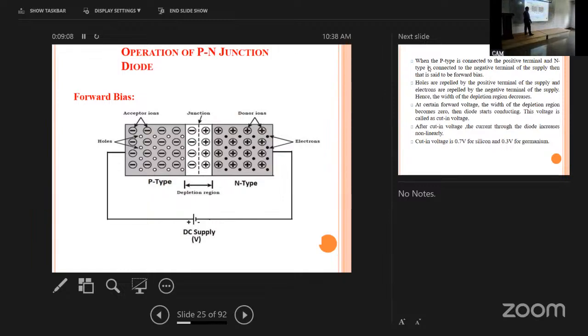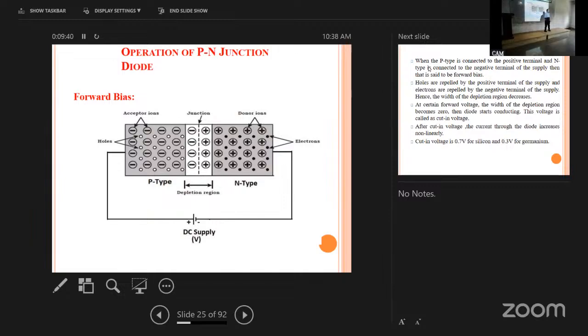So whenever positive supply is given to the P-type, the holes in the P-type material will repel each other. See, positive charge I am applying, and holes are there. Because both are positive, these holes will move from here to here. So holes will move from P type to N type material.